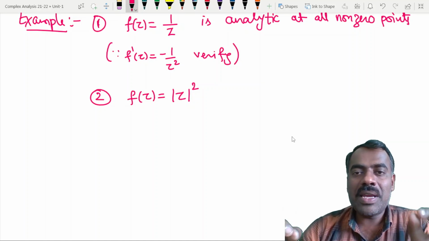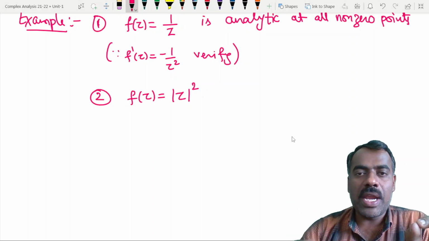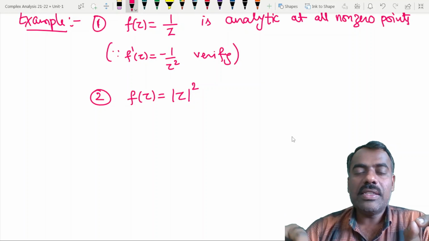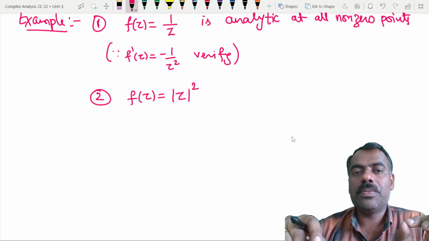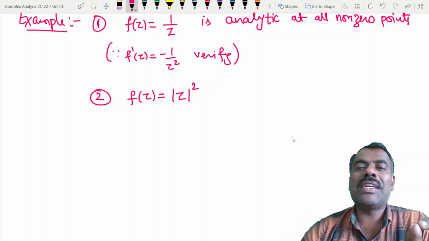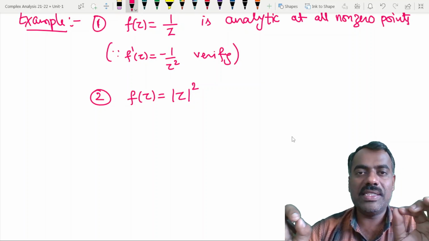What is meant by analytic at a point? We should be able to find some neighborhood around that point such that f is differentiable everywhere in that neighborhood, whereas differentiable at that point means that is very small one. So analytic at a point is stronger than differentiable at that point. Is that clear?